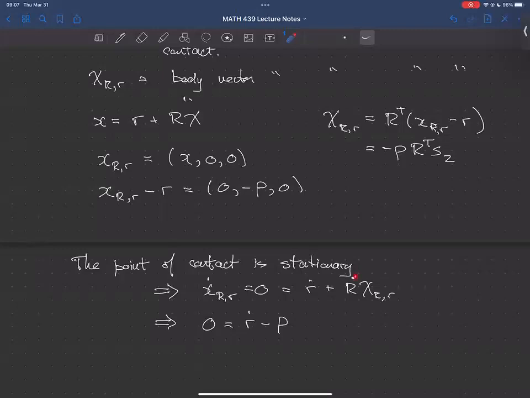This is going to be R dot R transpose, which is a little omega hat, the spatial angular velocity.